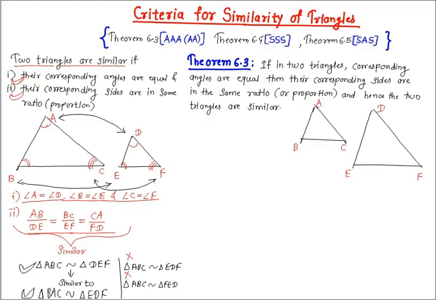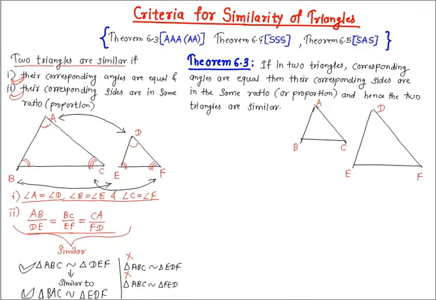In theorem 6.4, we will consider only corresponding sides, and we won't be considering angles. In theorem 6.5, we will consider only two corresponding sides and the angle between them. Now let's first understand theorem 6.3 in detail.